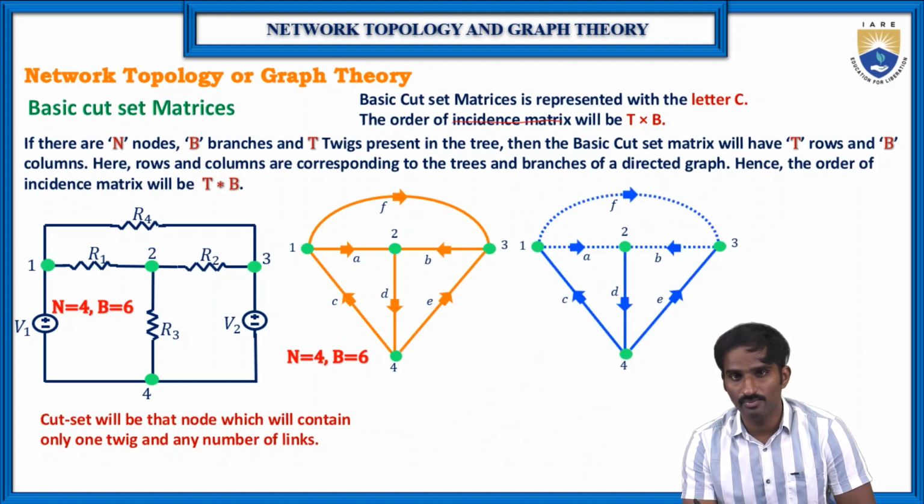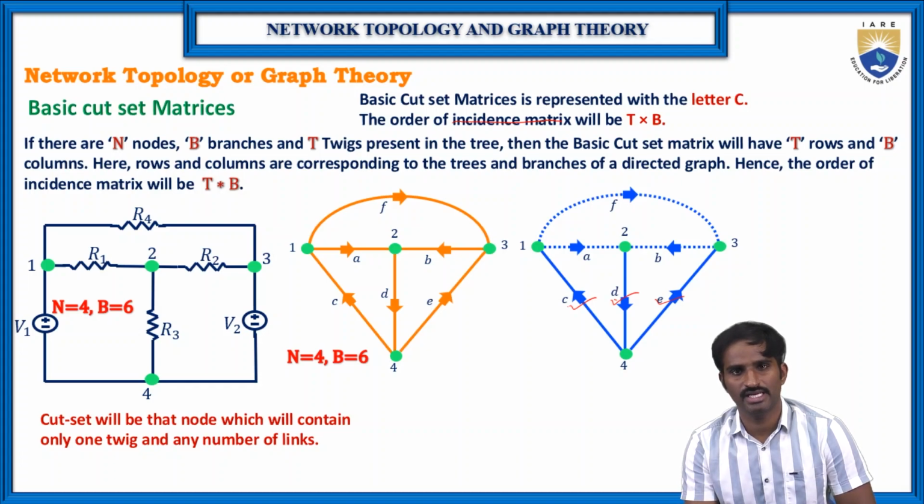Twigs are nothing but the branches of the tree. So the tree is formed with the branches C, D and E. So here the 3 branches are there for this particular tree, which means 3 twigs: twig C, twig D and twig E. So that's how we will get the 3 rows and 6 columns.